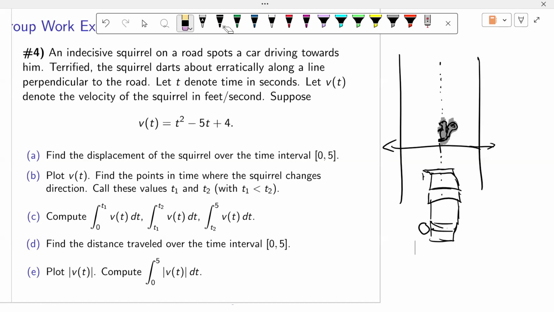Hard to draw this in perspective, huh? Kind of hard. There we go. This is a bright red car. There's the looming death.